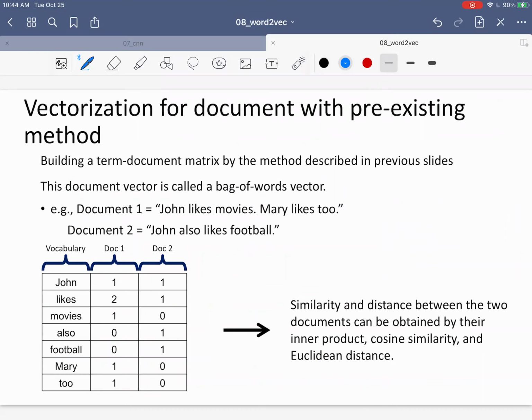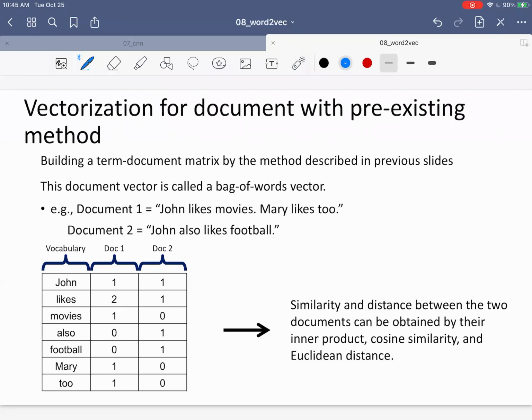And that's it so far for the one-hot representation of words. Next is document representation, which could actually be sentence representation, paragraph representation, document representation, anything that is beyond a single word. They should also have a vector representation, right?